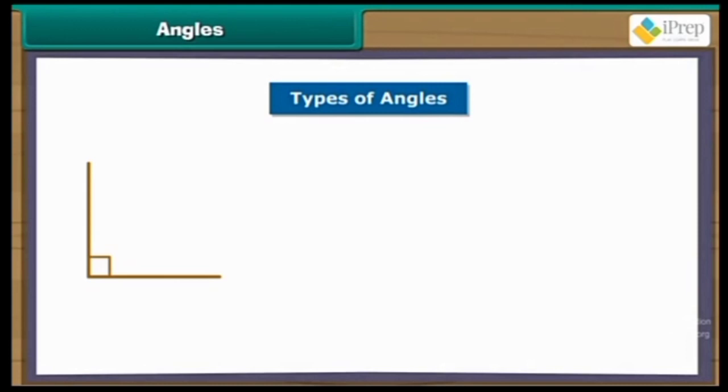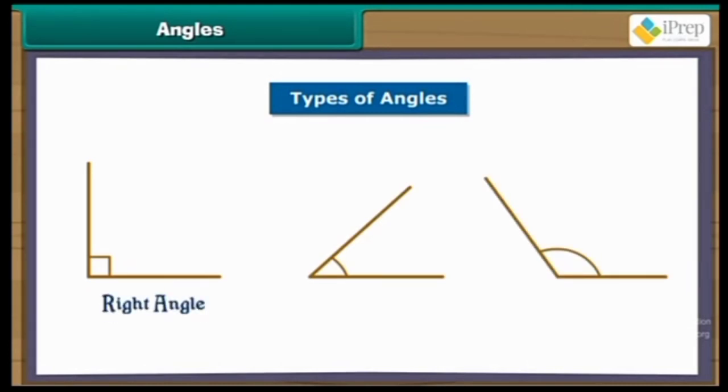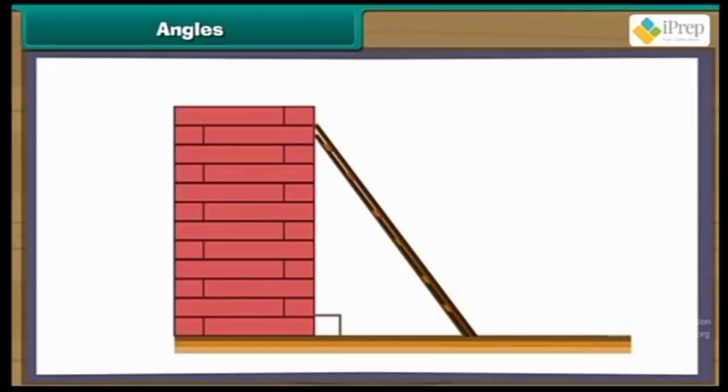Let us take a look at 3 types of angles. They are right angle, acute angle, and obtuse angle. Now we will learn them one by one in detail. Look at this scene. In this, a ladder is standing against the wall.